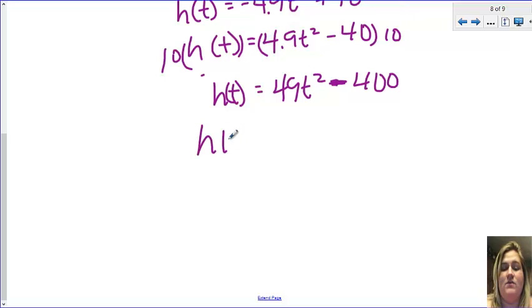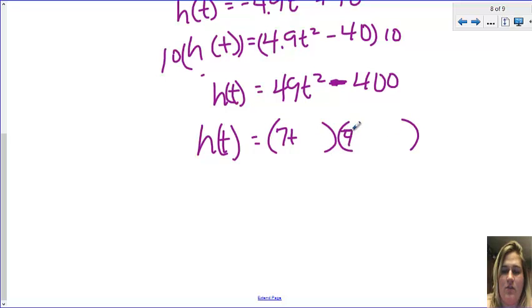So I have h of t equals, I have a difference of 2 squares, so the square root of 49t squared is 7t. I have no idea why I just wrote a 4. 7t plus and minus, and then the square root of 400 you should know is 20. Okay, so at this point all we have to do is set both quantities equal to 0.